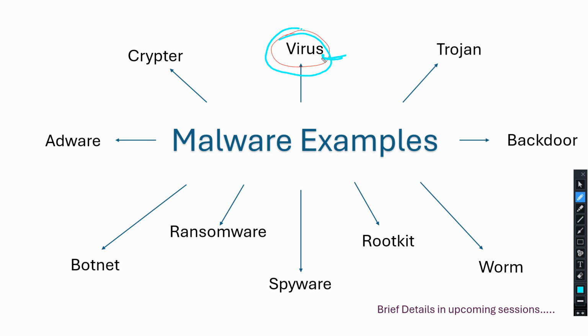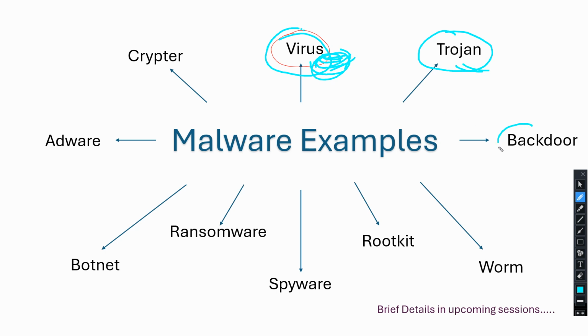As we all are aware, virus is so dangerous, right? There are different types of viruses that we will discuss: how an attacker creates the viruses, how they impact the system. We will discuss all this in our upcoming sessions. Then we have Trojans. For Trojan we have a different session.